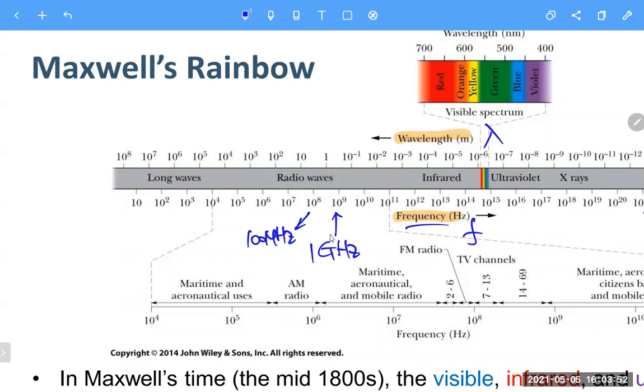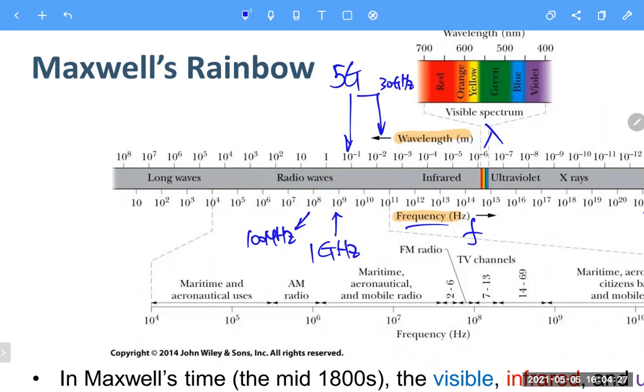And here, around 1 gigahertz, we use the 2G or 3G communication system, or even 4G. Part of 5G uses the gigahertz level, and it also uses something like 20 or 30 gigahertz.